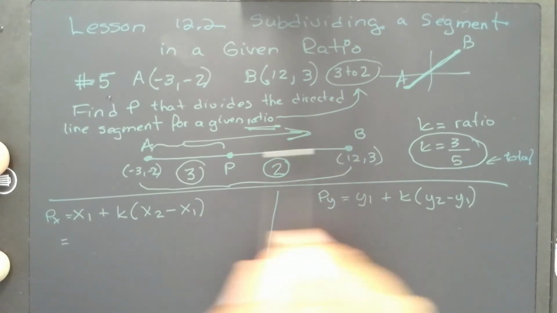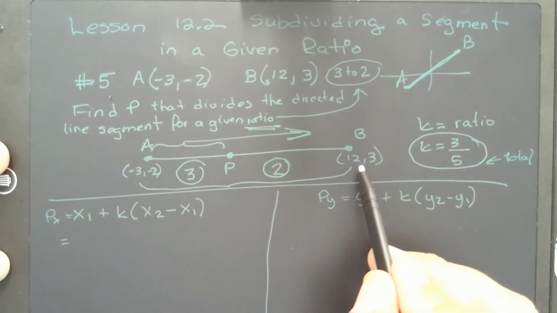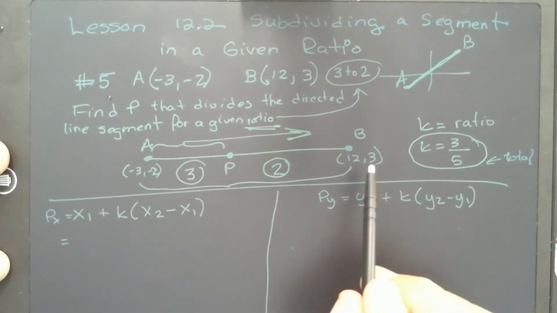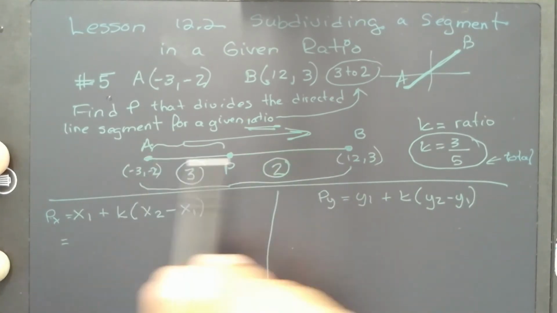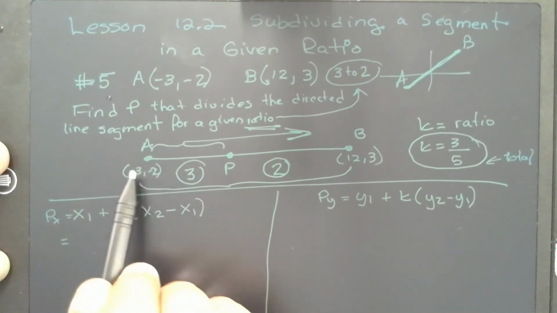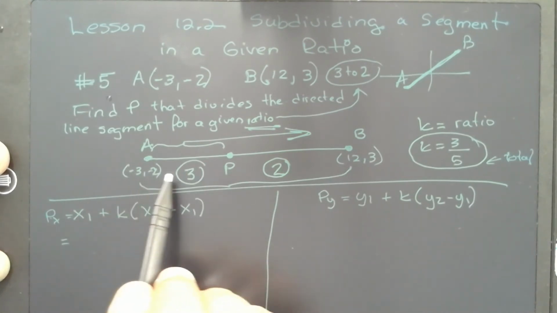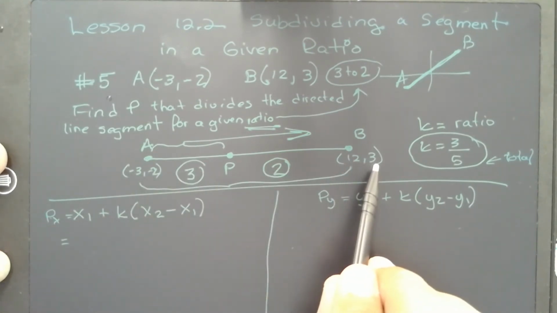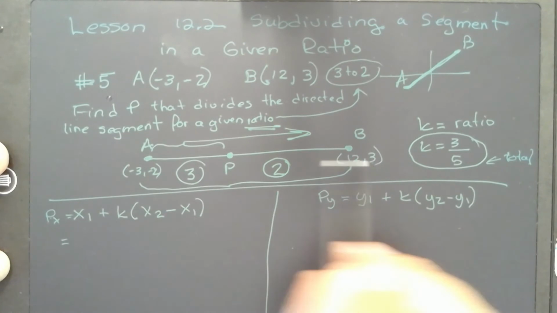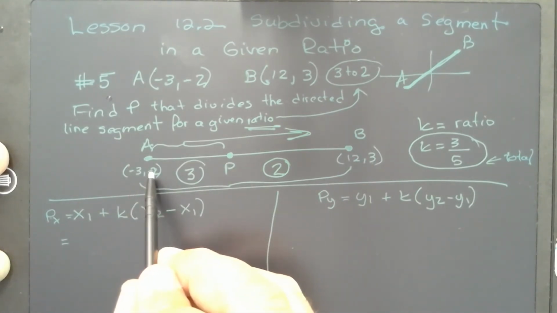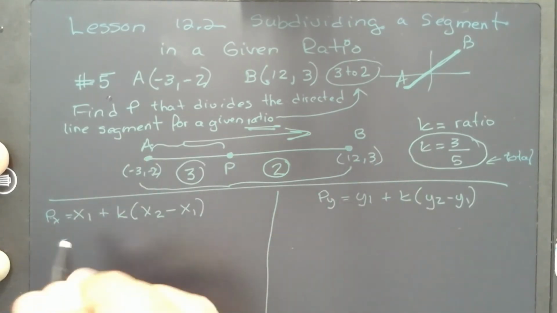If we're going from B to A, then this will be my x1. I repeat, the direction does matter. If we're going from A to B, this will be x1, y1 and this will be x2, y2. If it says from B to A, this will be my x1, y1 and this will be my x2, y2. So the direction does matter.